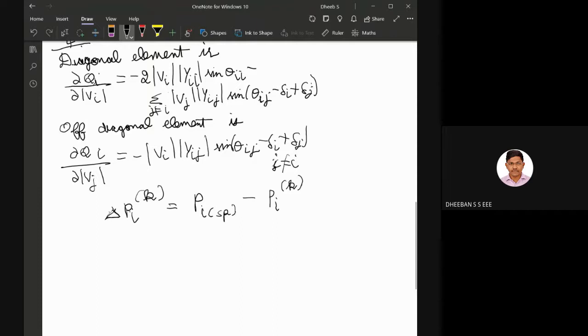And del Qi of k you have to find, which is Qi specified minus Qi of k.